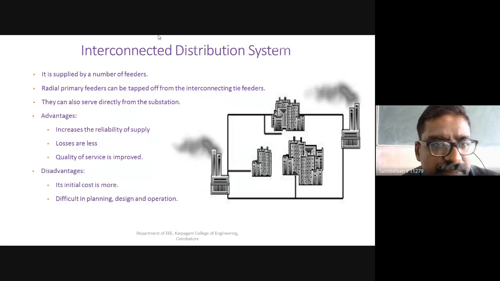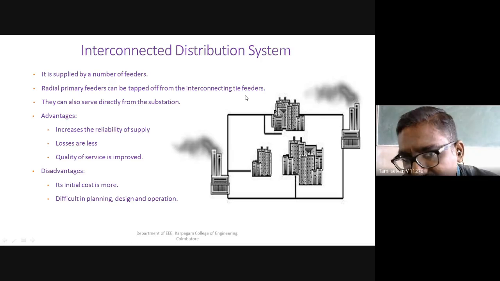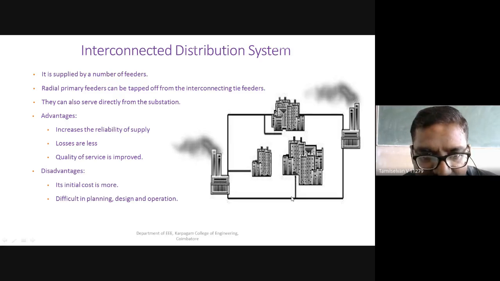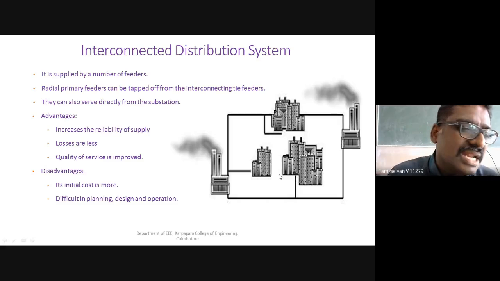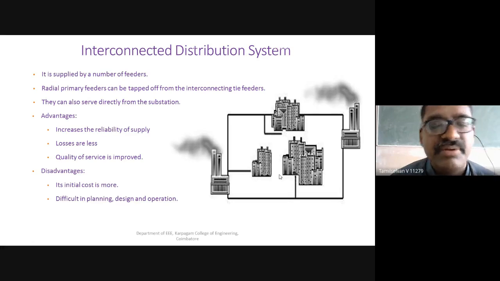So it means supply by a number of feeders. The radial primary feeders can be tapped off from the interconnecting type feeders. So what will happen? It will increase the reliability of supply, losses will be lesser, and the quality of service will improve. Why?